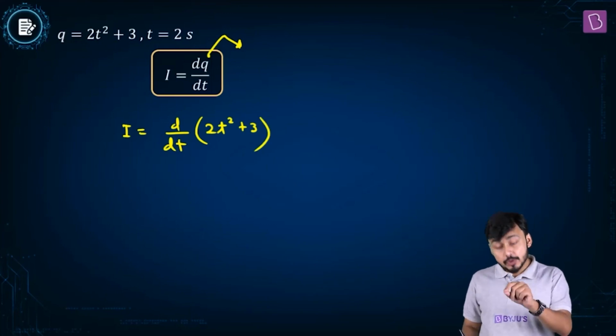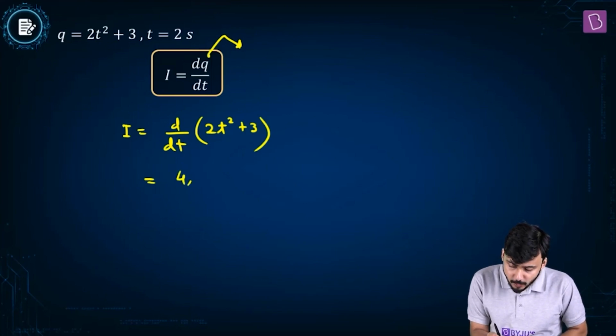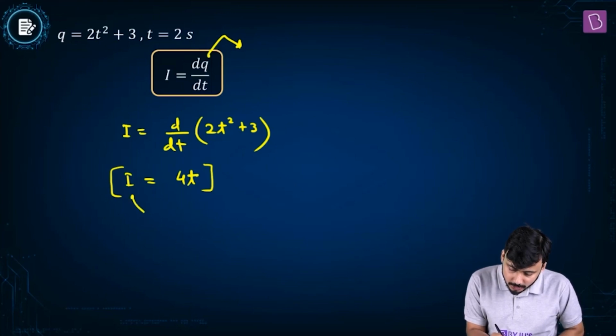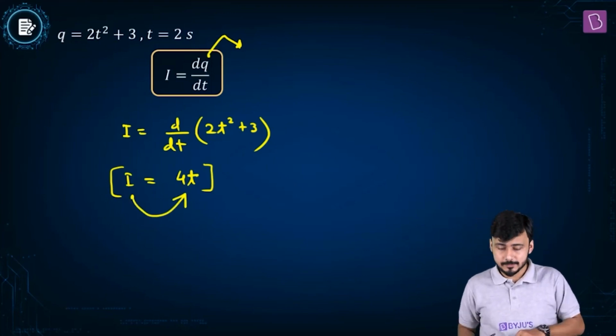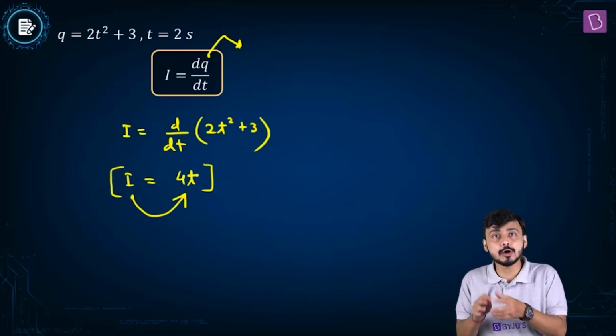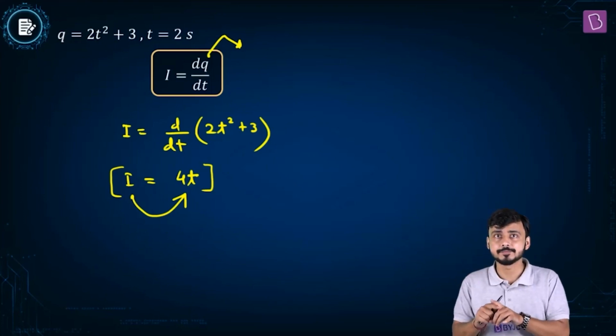If you differentiate that, you will get 4t. Is current also a function of time in this case? Yes. It might be a constant as well. Had dq by dt been a constant, then I would have been a constant. But here, I is a function of time as well.